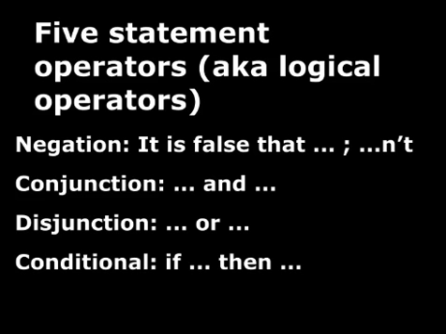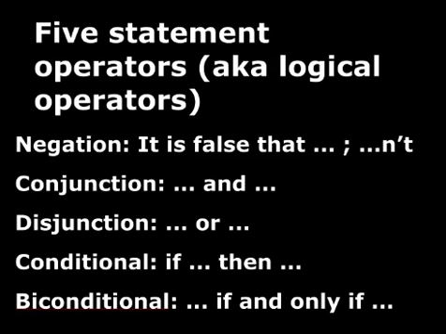Conditional: if X then Y. If you bake the cookies too long, then the cookies will get burnt, for example. And then biconditional, if and only if. This is the one that we could probably do without if we had to.